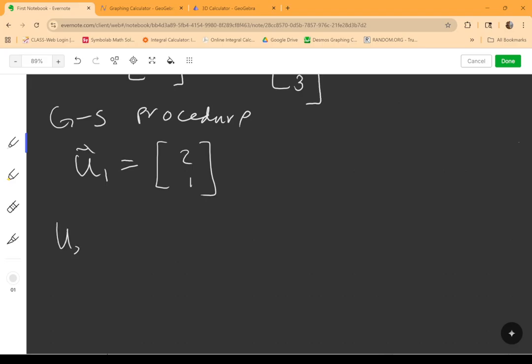Now U2, we're going to have (1, 3), but now we're going to subtract everything from the previous vector that is in that direction, right?